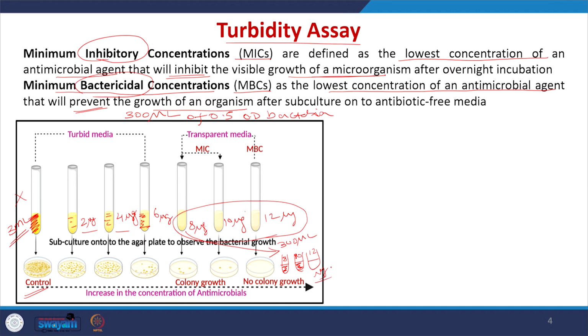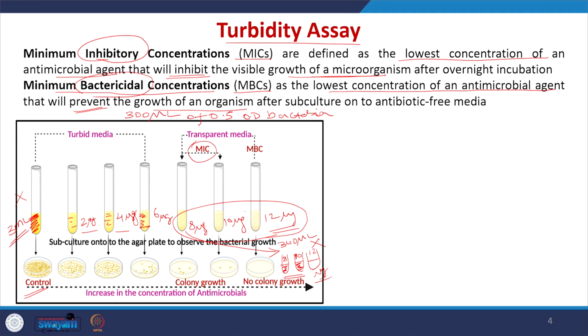It shows that this 8 and 10 microgram is the MIC, that means it is able to inhibit the growth of bacteria. That is why when we re-inoculate into the fresh test tube, it is able to regrow again. Whereas in case of this 12 microgram, there is no growth. That means this is the bactericidal concentration, that is the killing concentration.